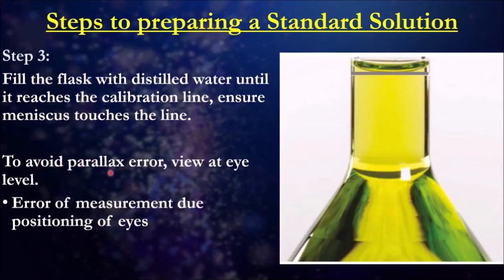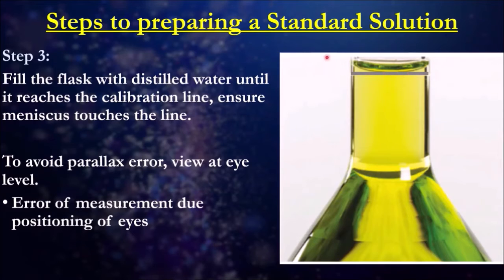To avoid a thing called the parallax error, which is essentially looking at the volumetric flask at different angles, giving you different interpretation of where the meniscus is to the line, put yourself at eye level to this little line here, and that should avoid you getting any parallax error. So just make sure your eyes are at eye level looking at this line here.